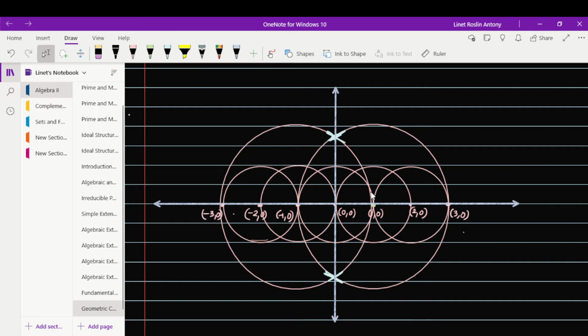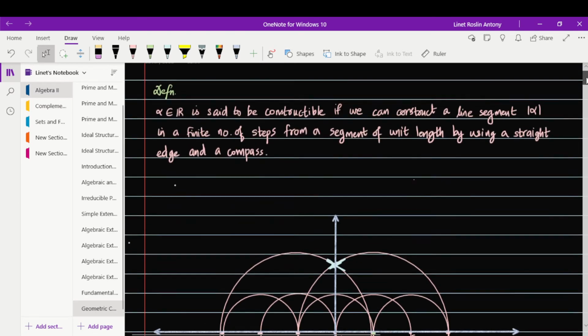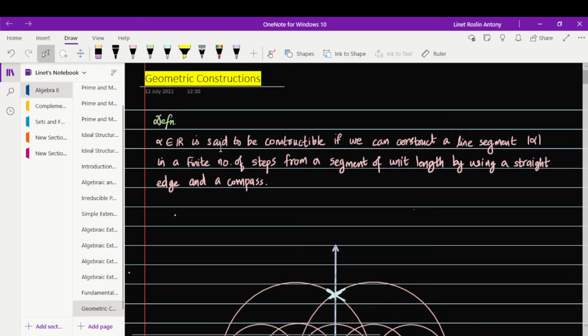You have to check what is an example of a constructible number, so keep that in mind. Here we said that a real number is constructible if we can construct a line segment modulus of alpha in a finite number of steps from a segment of unit length using a straight edge and a compass.